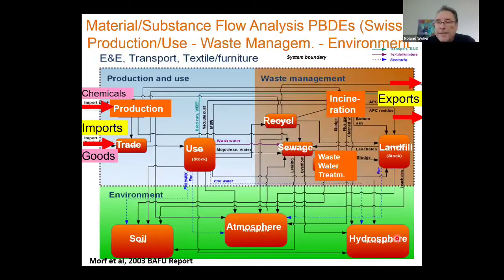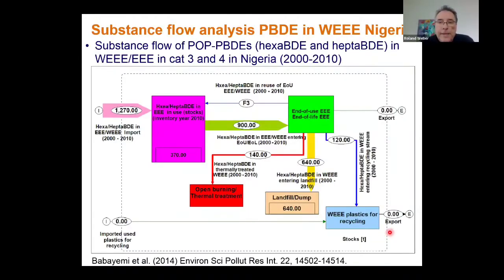But again, like the colleague said, volatile, non-volatile. The Decabromodiphenyl is a kind of dead dog. It's really not volatile and not water soluble, while the PBDE can be evaporated and also can be detected in leachates.